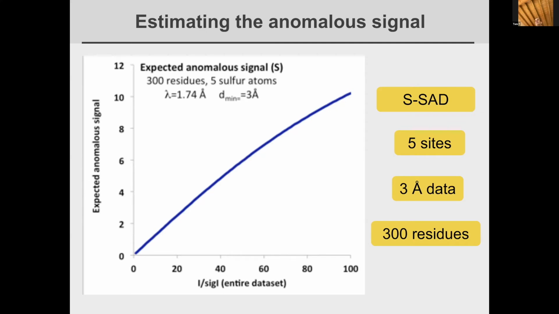So radiation damage: this simulator is assuming that the error we're talking about is not systematic and includes any errors due to radiation damage. So if you have radiation damage going on in your crystal, then that's part of your error.